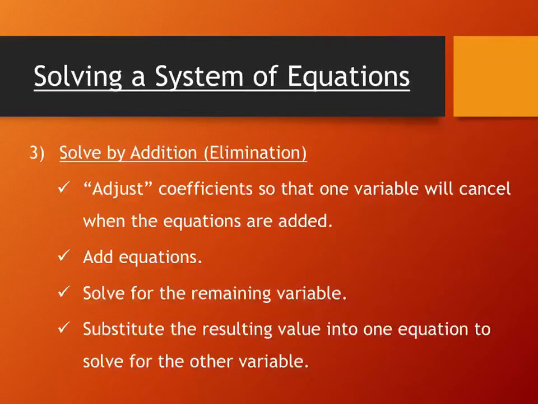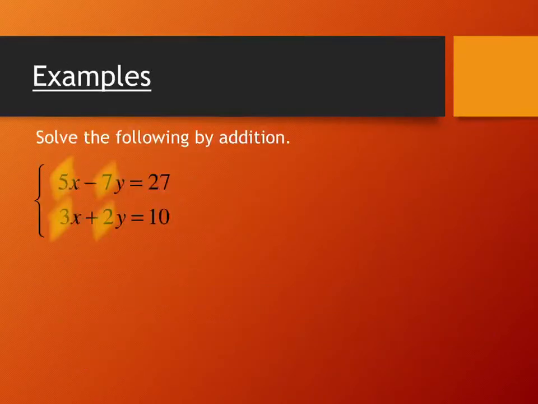So with this method, you're going to adjust the coefficients so that one variable cancels out when the equations are added. So what does that mean? Well, let me just flip over here so you can see. These are the 4 coefficients that are highlighted. What we want is either the x's or the y's to be the same number but opposite signs.